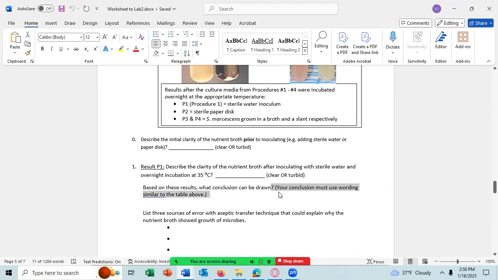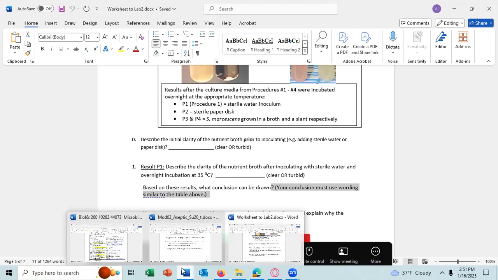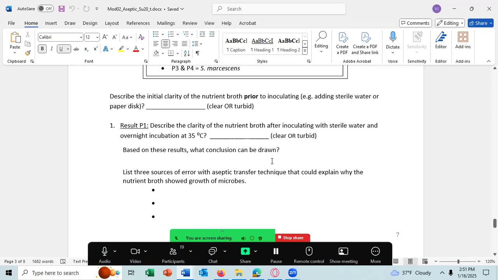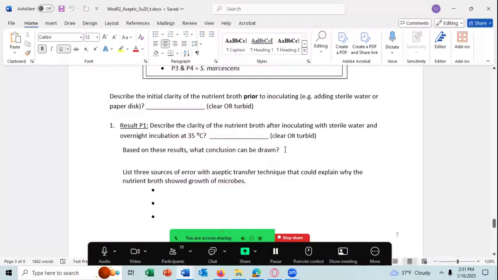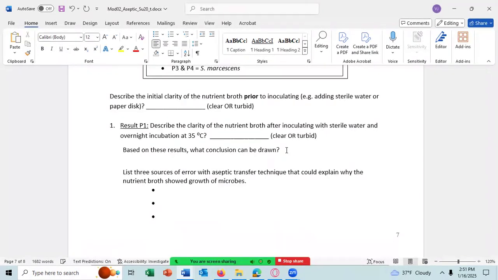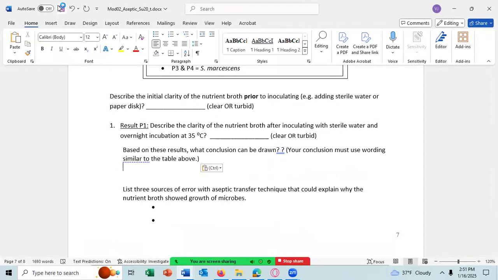If you do not have similar enough wording, your answer will be wrong because you have to discuss two things. And then 1C lists 3 sources of error with aseptic transfer technique that could explain why the nutrient broth showed growth of microbes in the tube.